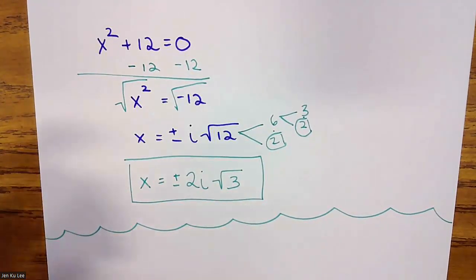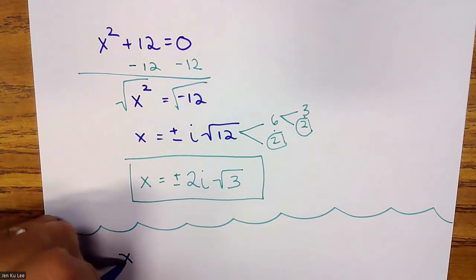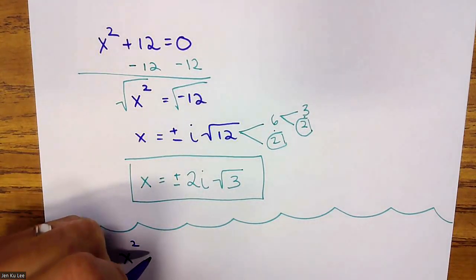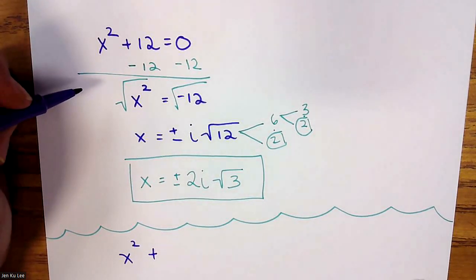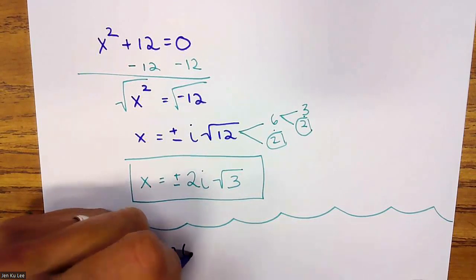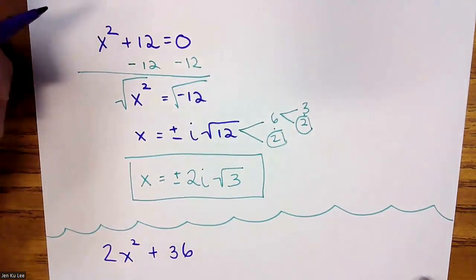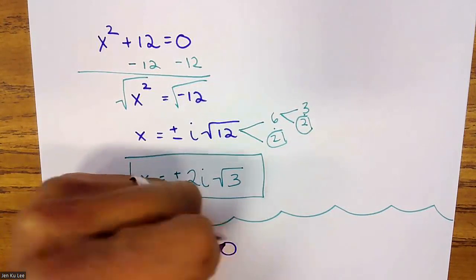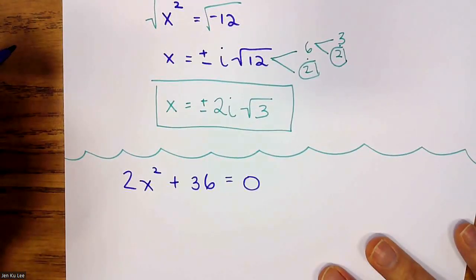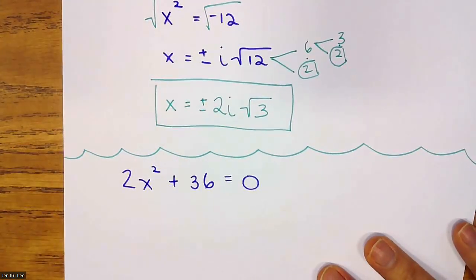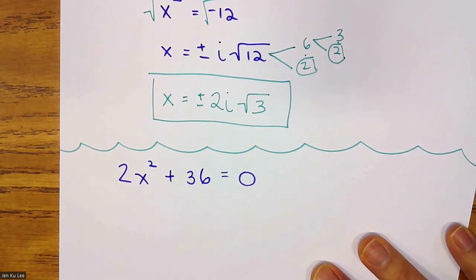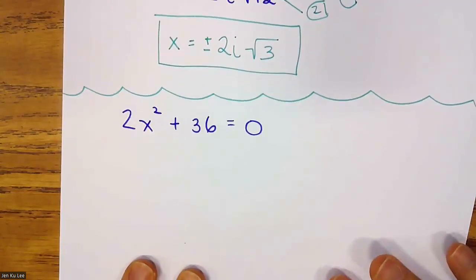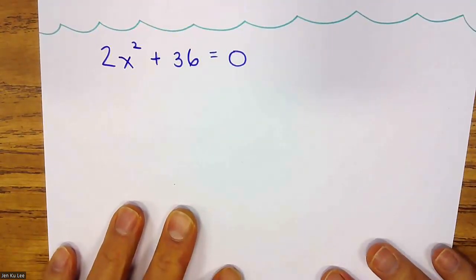I'll show you guys another way you can think about it. Let's say 2x squared plus 36 equals 0. Okay. Let's try that one. All right. What do I do here?